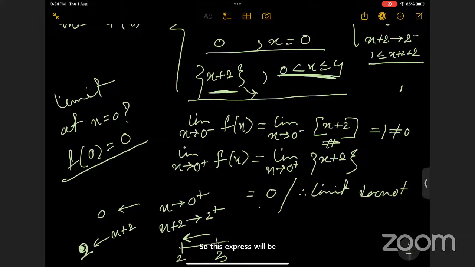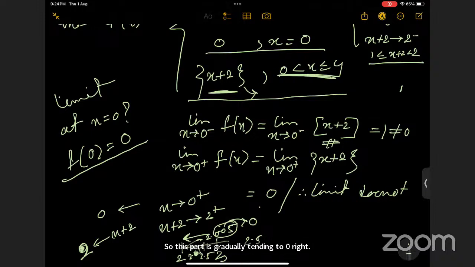Then the fractional part will be tending to 0. Because suppose we have 2.5 here, then if we tend to this side, it will be 2.25, sorry, 0.5. Then again, we can put here 2.005. So this part is gradually tending to 0, right?